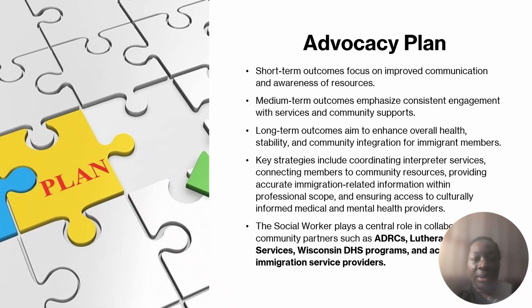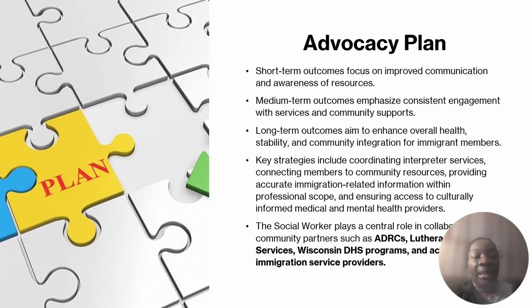Key strategies would look like coordinating interpreter services. Because again, we identified that language is a barrier, right? So, coordinating interpreter services, connecting members to community resources, providing accurate immigration related information.